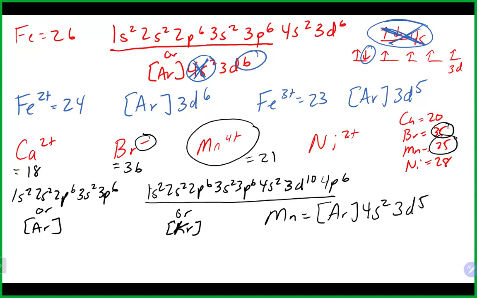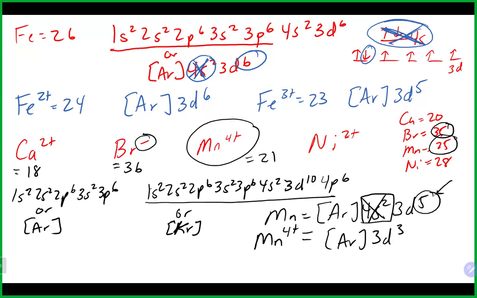So here it's going to lose 4 electrons. We take the first ones from the s, which is only 2 electrons, so we do need to delve into the d and take out 2 from there. That leaves us with argon 3d3 for Mn 4+. Questions on that one?